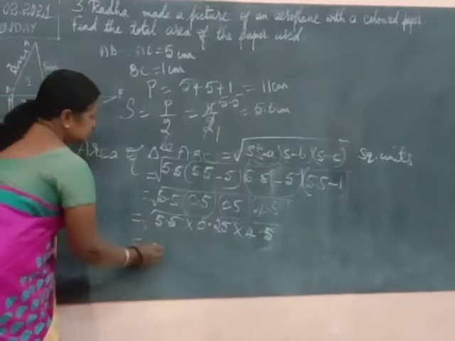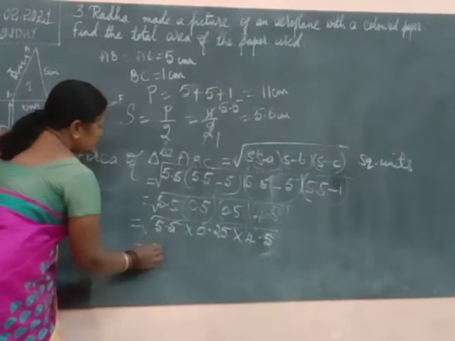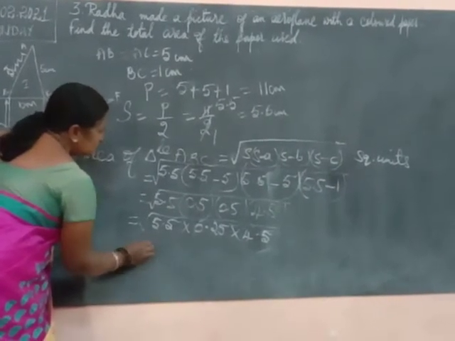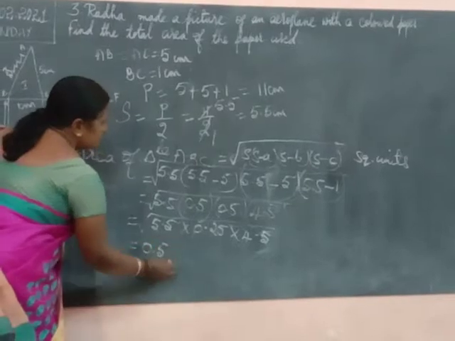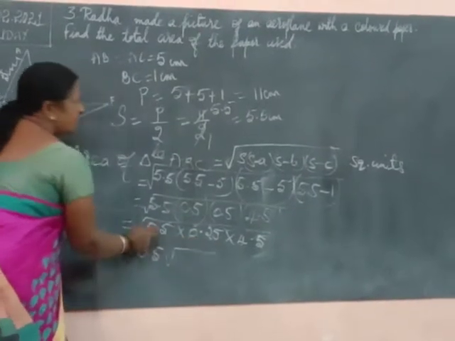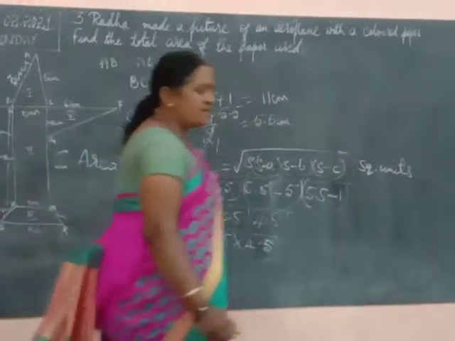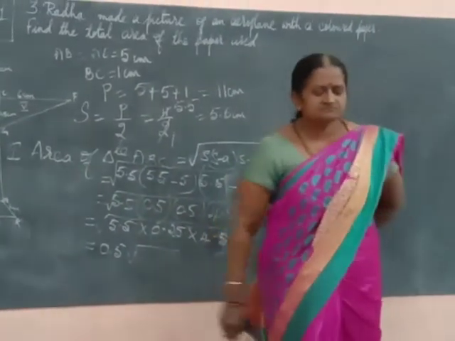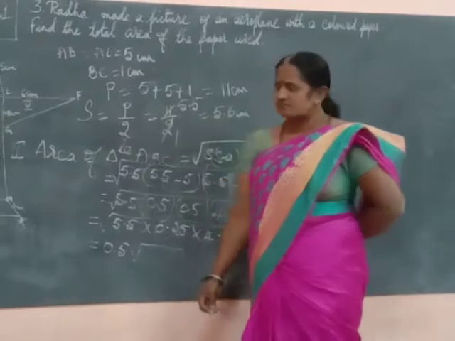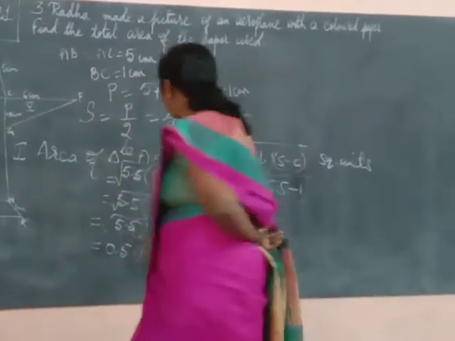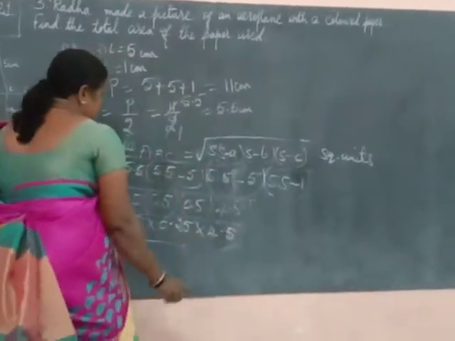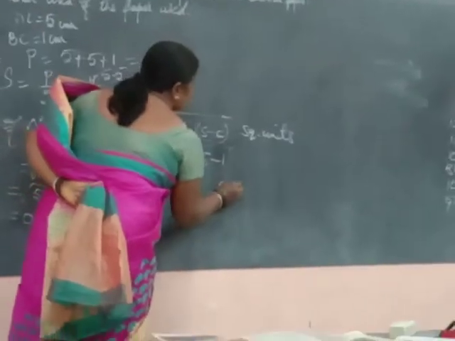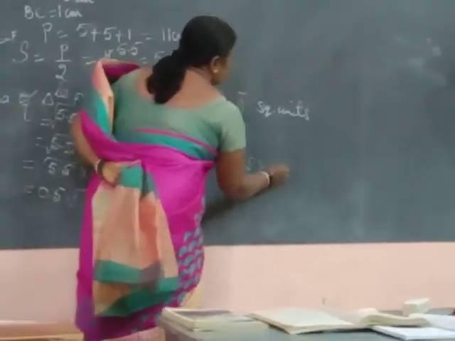So 0.25 can be written as 0.5 square root of 5.5 into 4.5. Multiply this, 5.5 into 4.5. What do we get here?